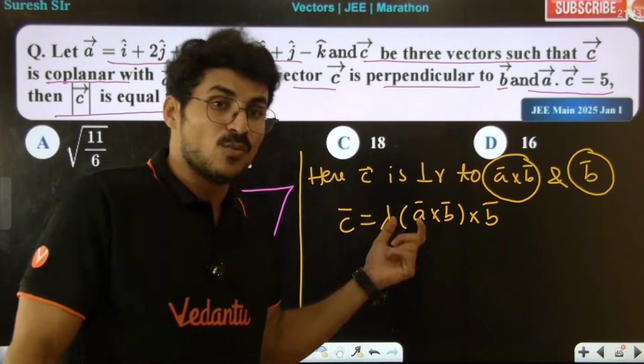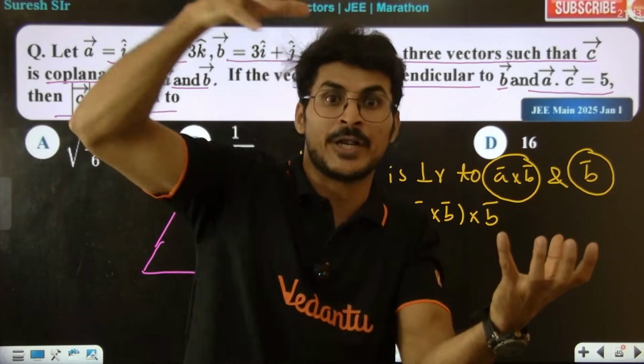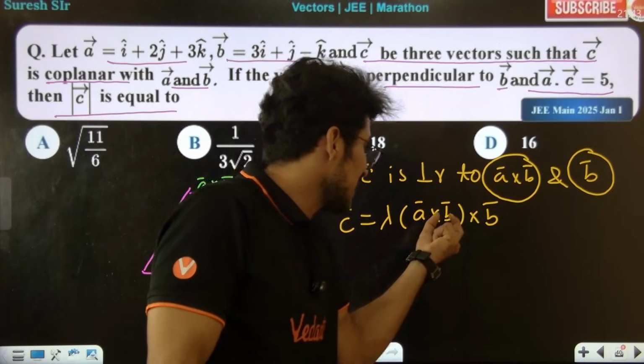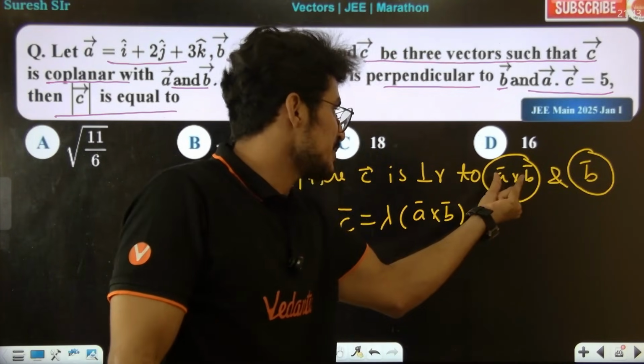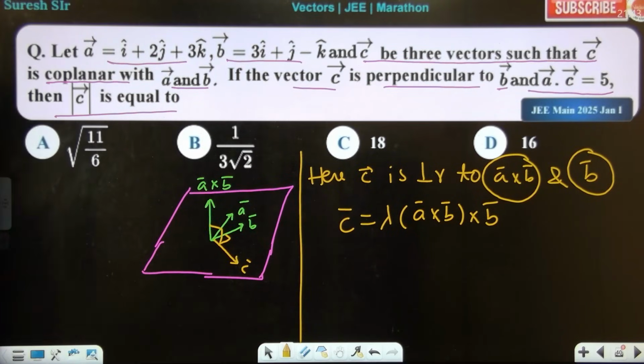When one vector is perpendicular to two other vectors, it is lambda times of A cross B. See, A cross B and then cross B again. Understood? Yes or no?